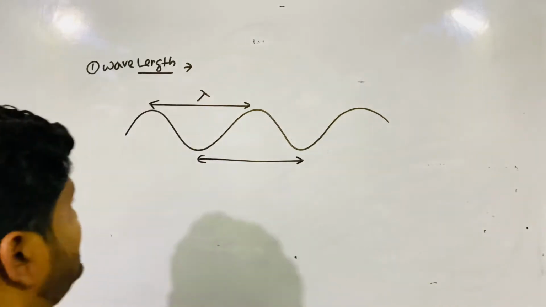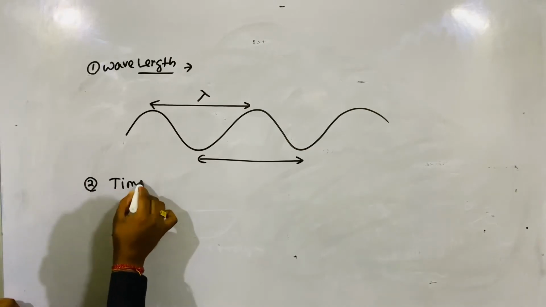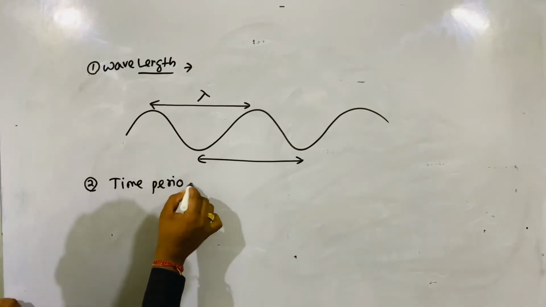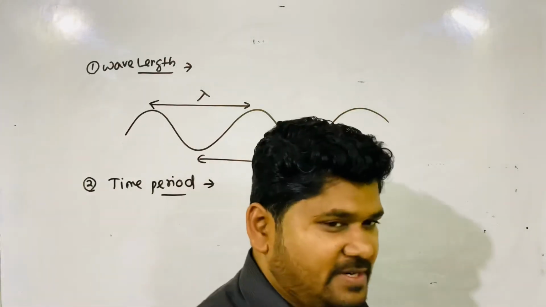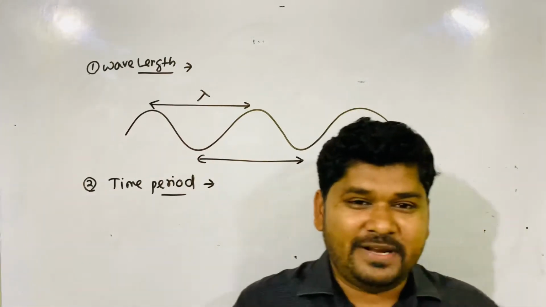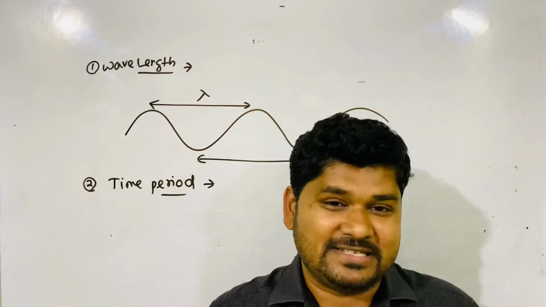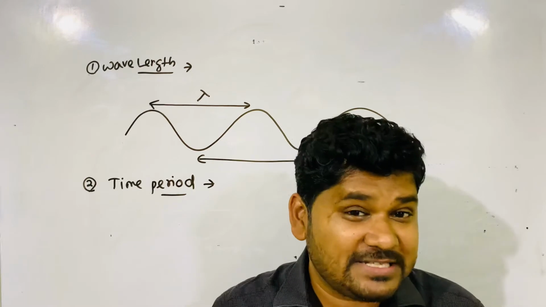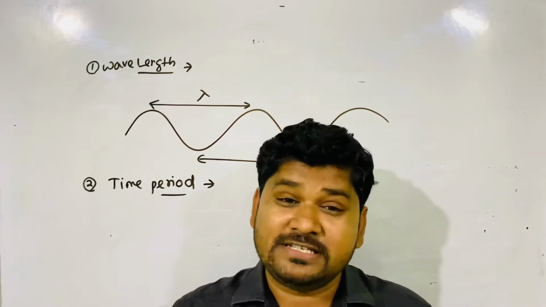Let's come to the next term, time period. This is the same as in oscillation. What is the definition of time period in the oscillation chapter?